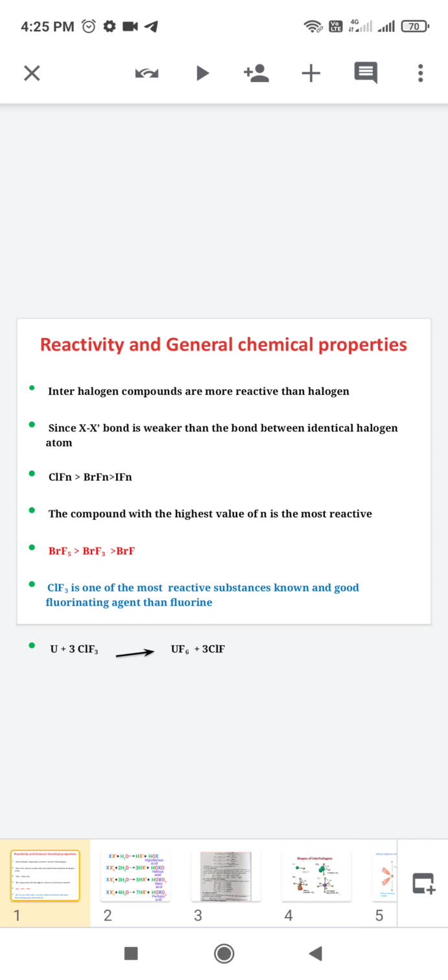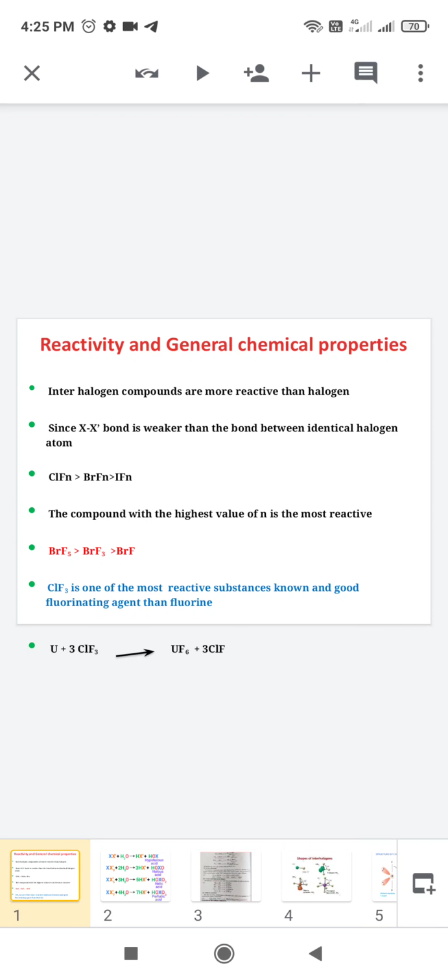Then as the number of halogen atoms increases, the reactivity also increases. See the example. If you are comparing the interhalogen compounds between bromine and fluorine, the most reactive one is BrF5, greater than BrF3, greater than BrF.